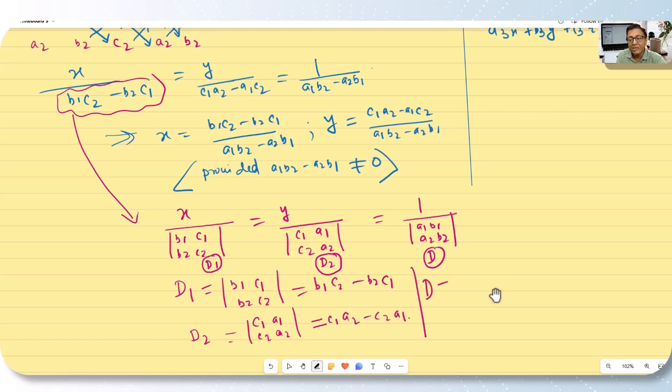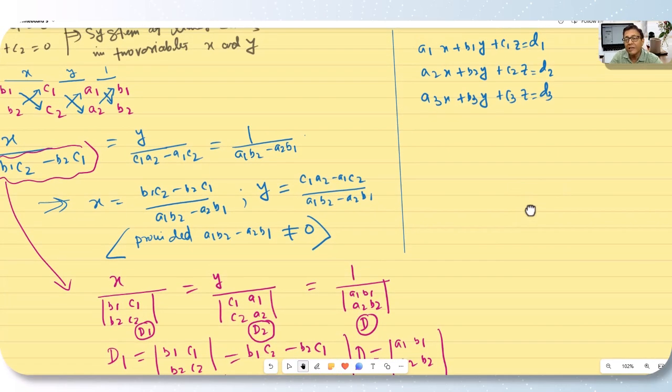And this d is what? a1 b1, a2 b2. Okay. Now on the right-hand side, nothing was there, just c1 c2. This determinant is a 2 by 2 order determinant.